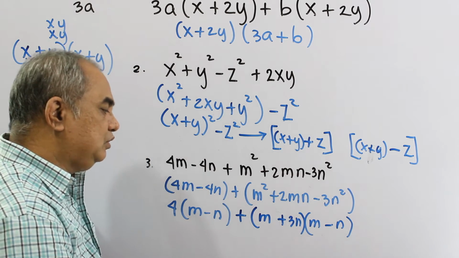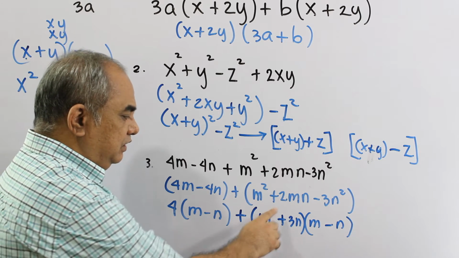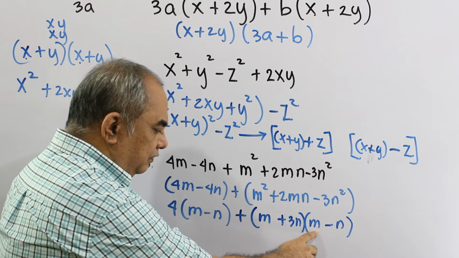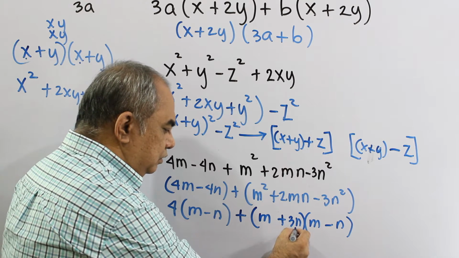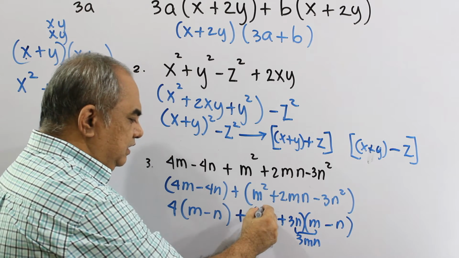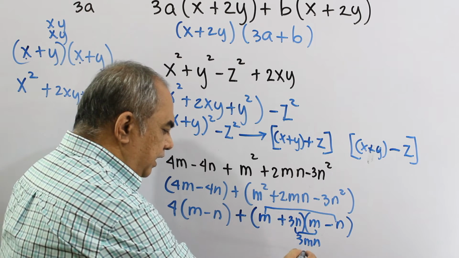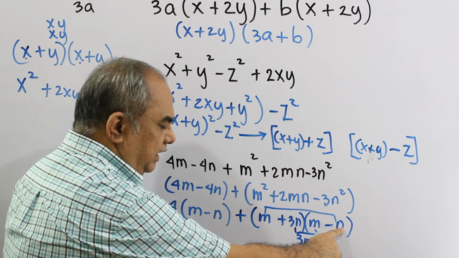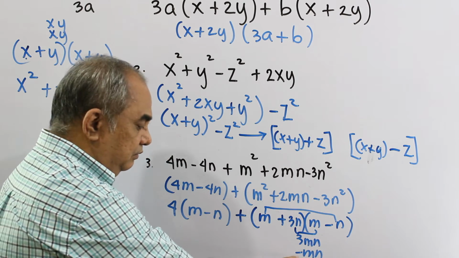However, we have to satisfy the condition on the second term, that the product of these two will give us 3mn, okay, and this one should give us negative mn. So m times negative n will give us negative mn.